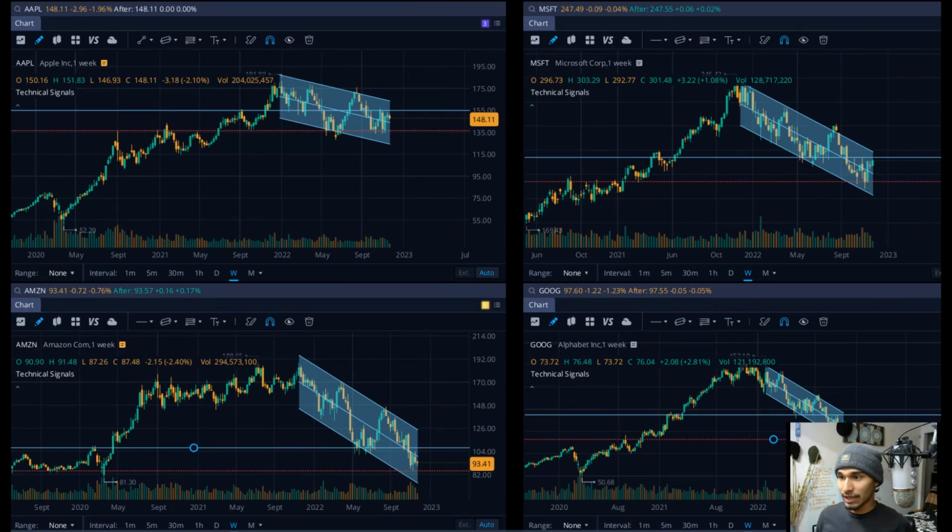And if you haven't noticed yet, they're all in a similar downtrend like the S&P, with lower highs and lower lows, everything just coming down. So if the S&P is downtrending, you should assume that other stocks are also in a downtrend.